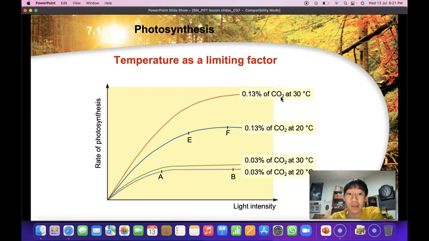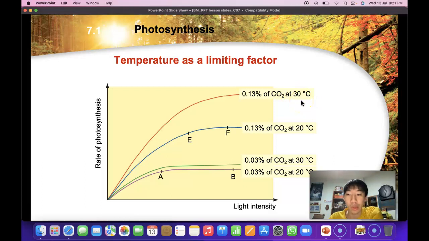There's enough carbon dioxide for the plant to use. And at high light intensity, we don't need to worry about light as a limiting factor also. So what is more important is then the temperature.